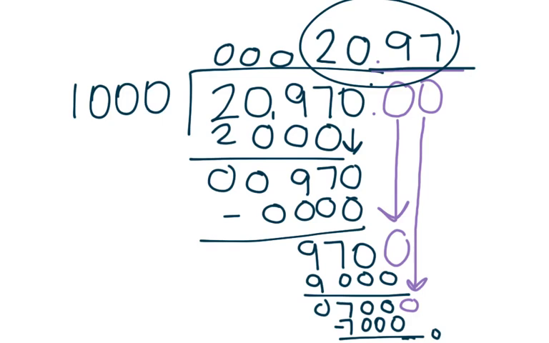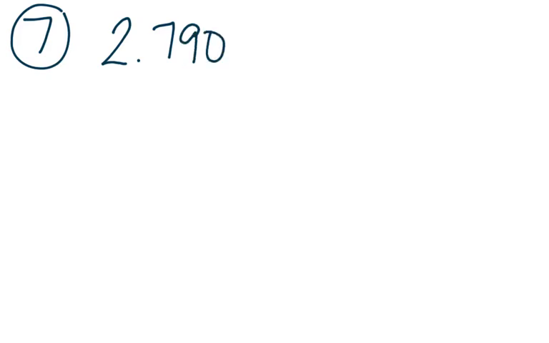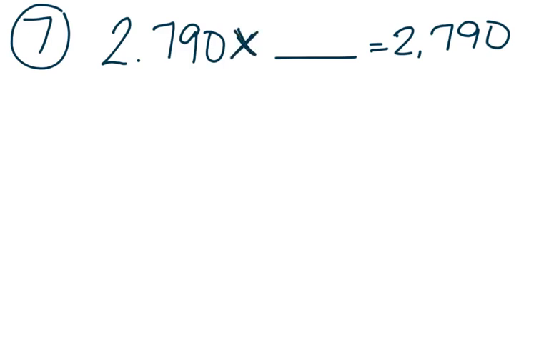All right. Let's go ahead and do number 7. I'm just going to try and talk you through it and see if you can figure it out on your own. So 2 and 790 thousandths times blank equals 2,790. You are multiplying by what number to get to 2,790?